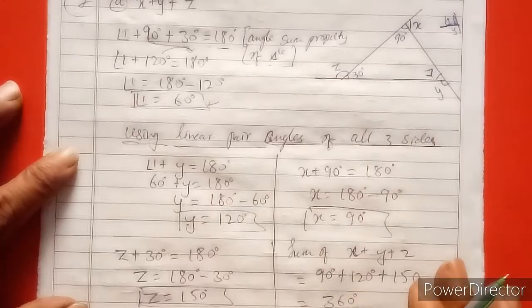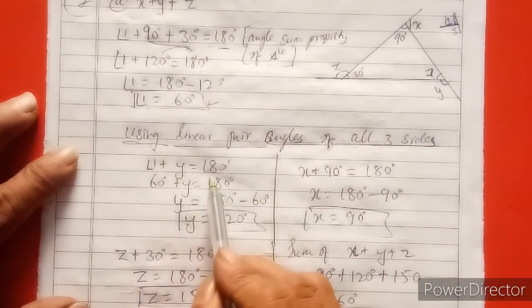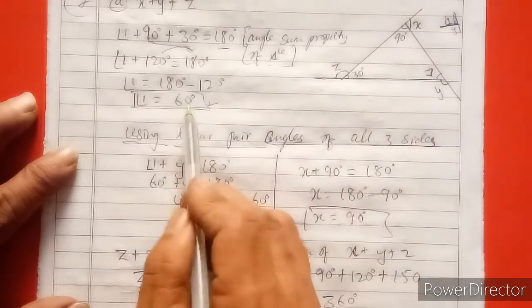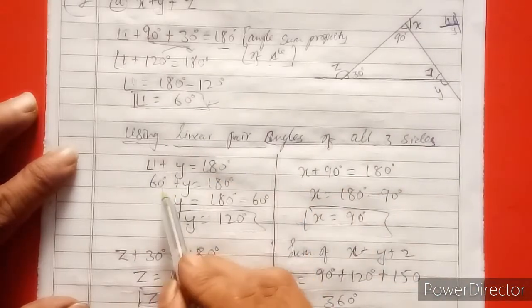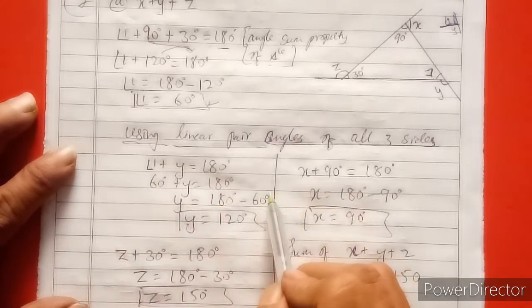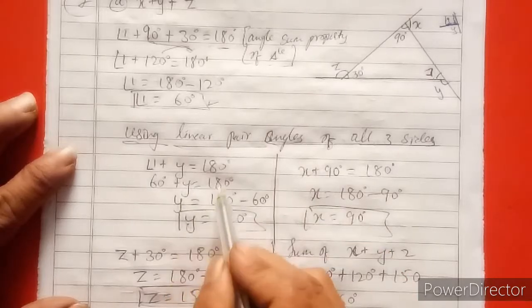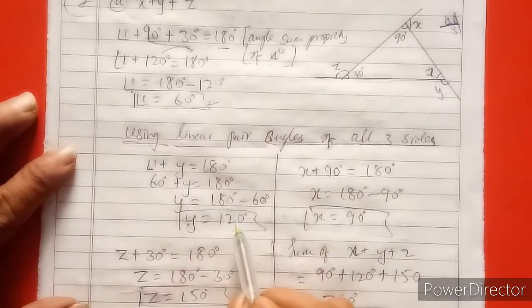Consider. Right? So first, angle 1 plus y is equal to 180 degrees. Angle 1, we got 60 degrees here, and 60 degrees plus y is equal to 180 degrees. If you transpose 60 it becomes minus 60 degrees, and y is equal to 180 minus 60, so y is equal to 120 degrees.